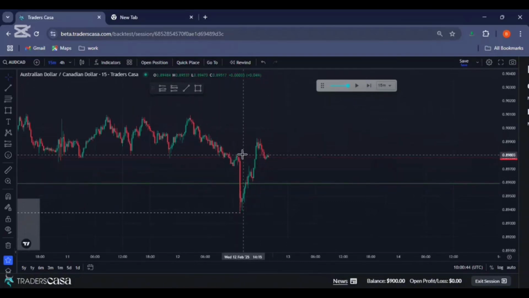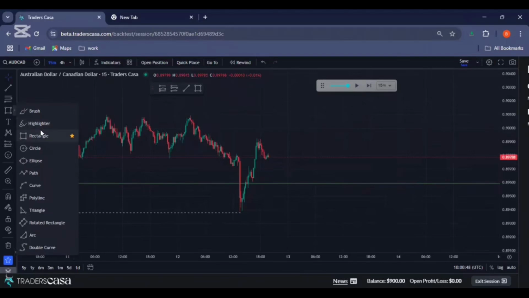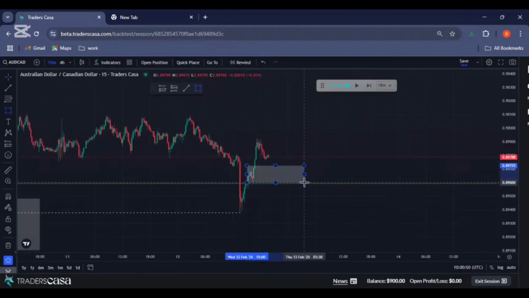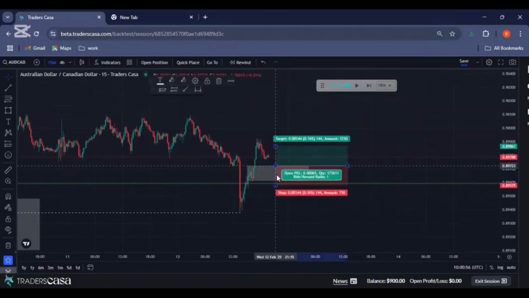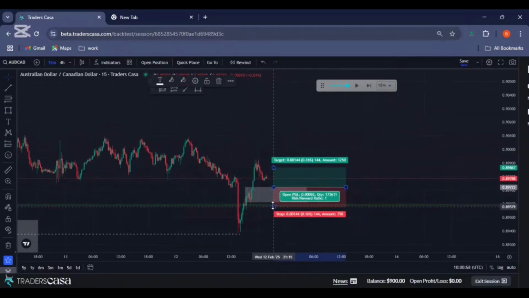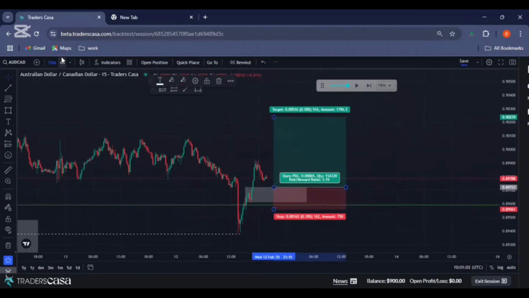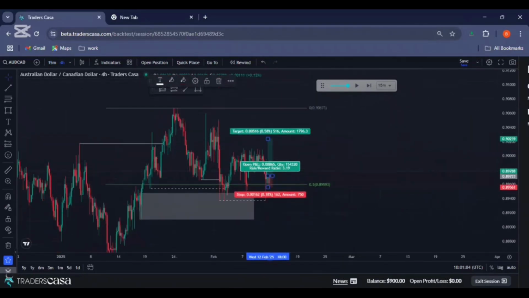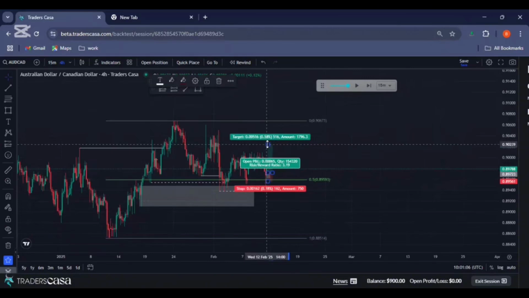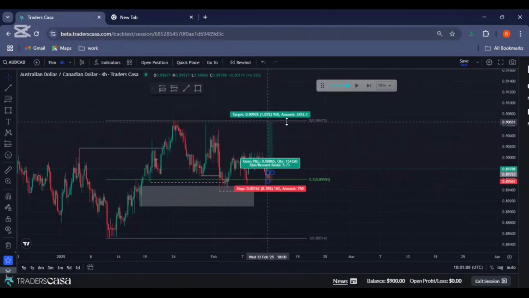We have a change of character here. We have our order block here. Let's see if we can get an entry somewhere here. Let's see how this will go. Okay, so target 4 hour high.